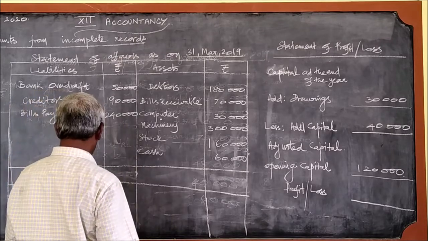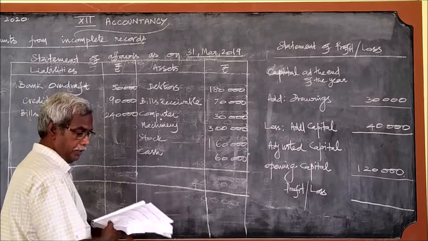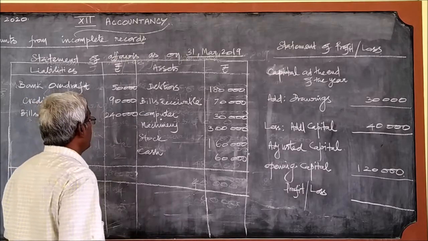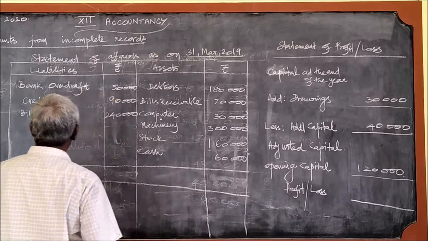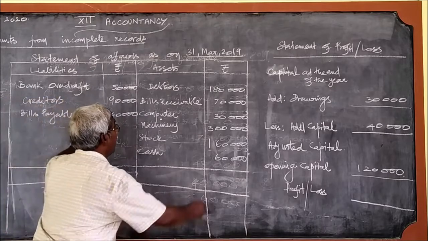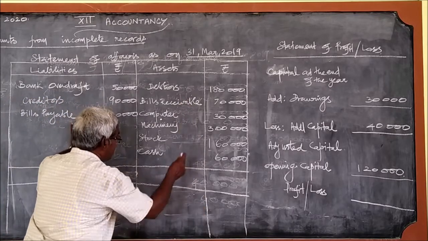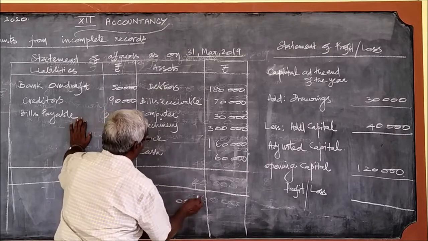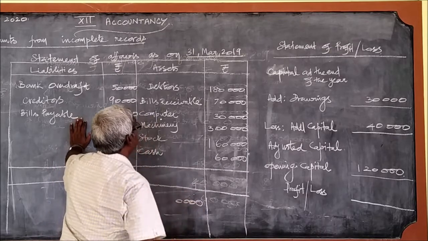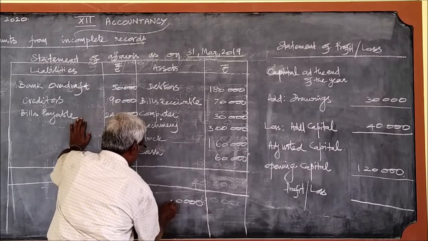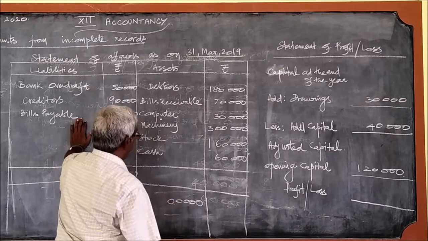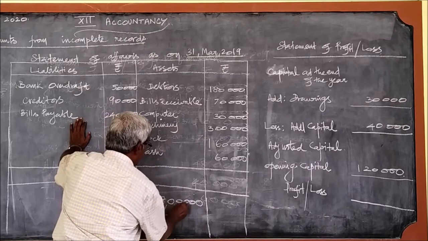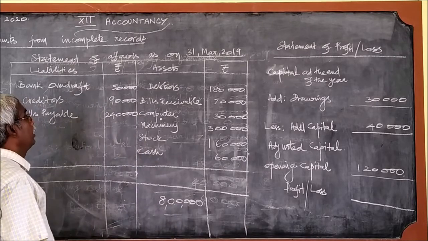Now we are going to find the closing capital of the business. As I said, find the total of the asset side. This is 8 lakhs, asset side total.